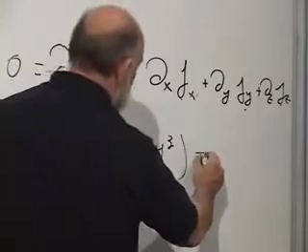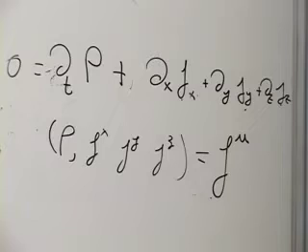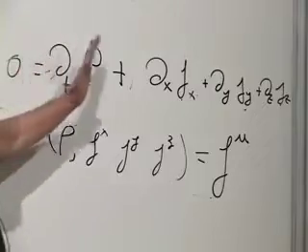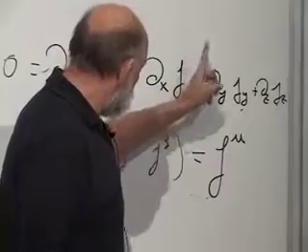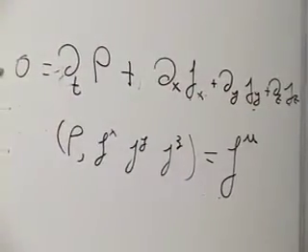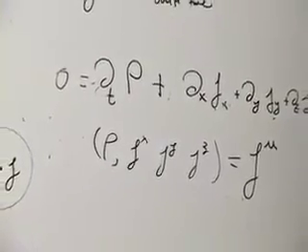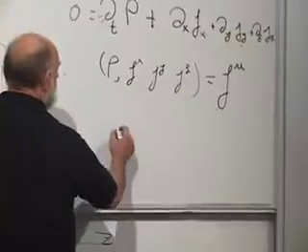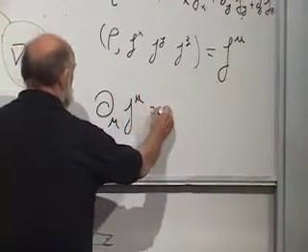They form the four vector J mu, where mu goes from time and the three components of space. That is what is suggested by having these four components. And then this equation, which is called the continuity equation, takes the simple form that d mu j mu is equal to 0.